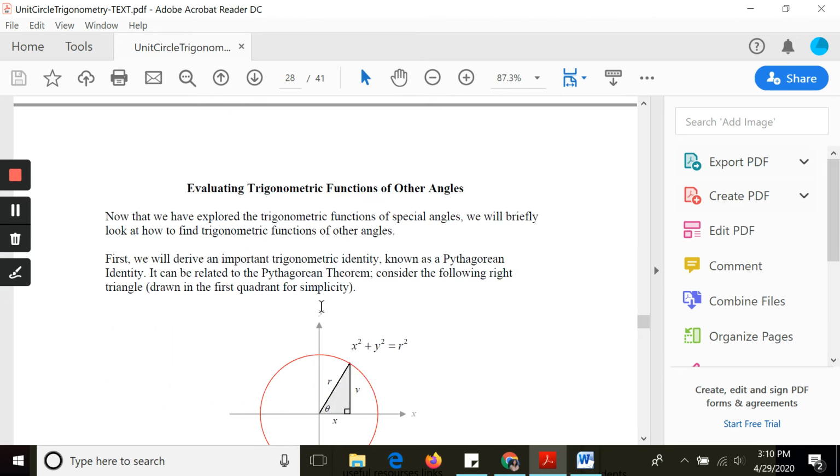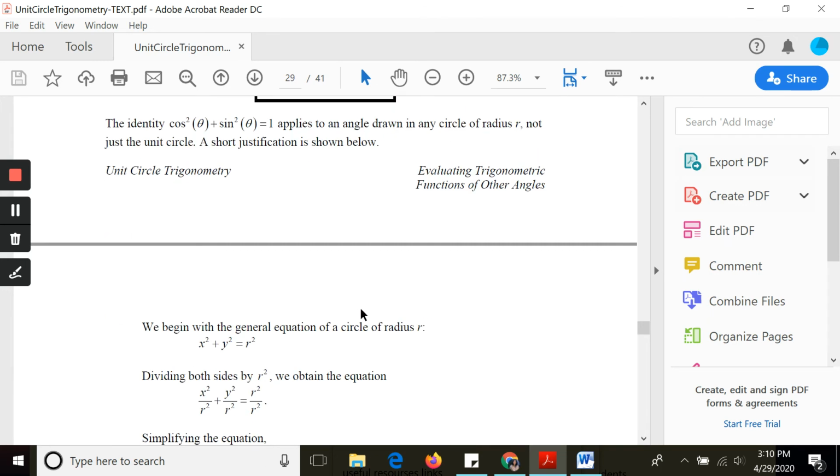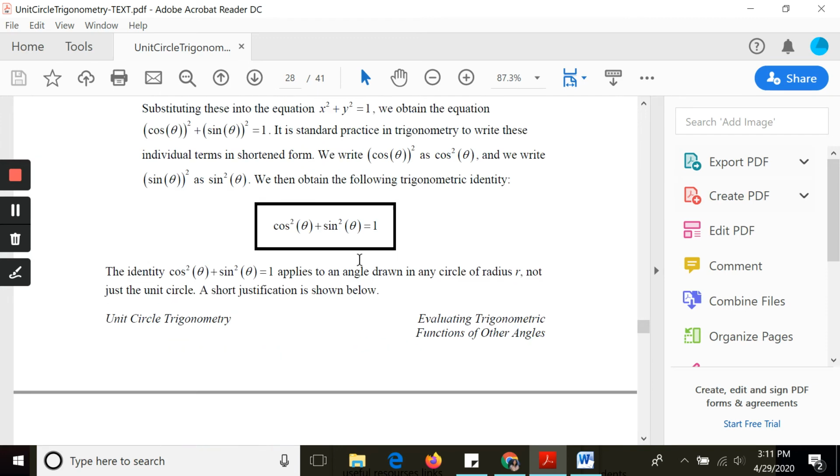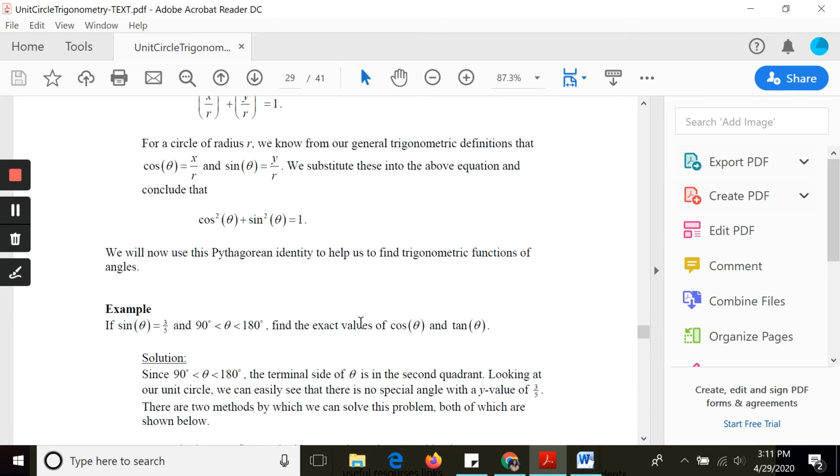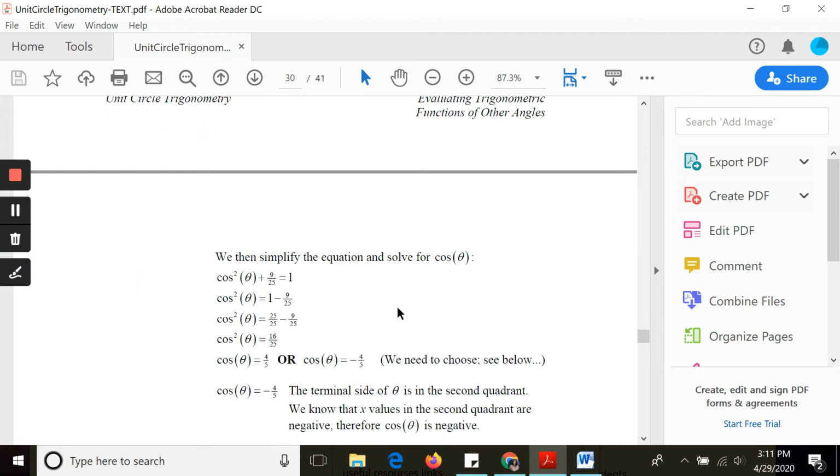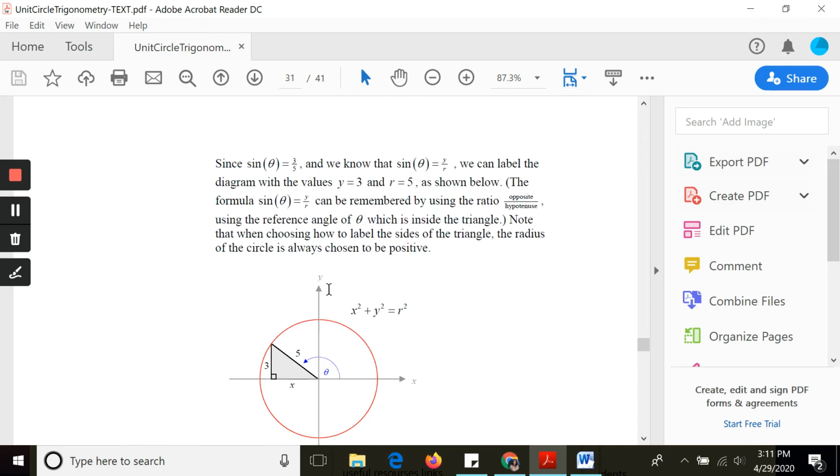Then I'm going to move to the graph. Just to recall, we did this trig identity, sine square theta plus cos square theta is equal to 1. There are a few more trig identities.